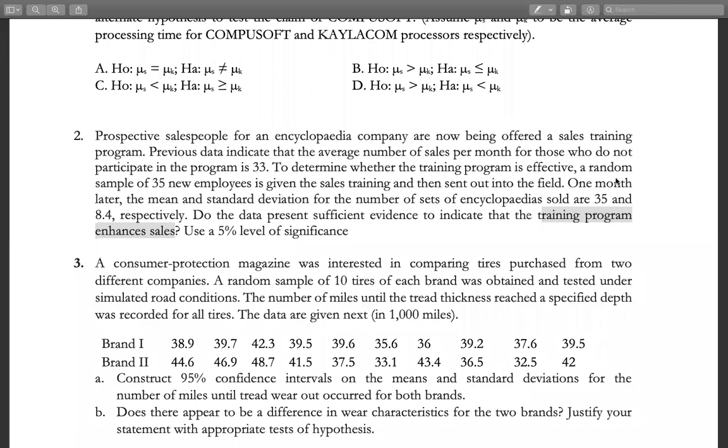So it means that sales has increased. It means that sales have increased, right? So yes, relative to the previous data, relative to the previous sales, what was the average sales? What was the average? 33. 33, yeah. Very good.